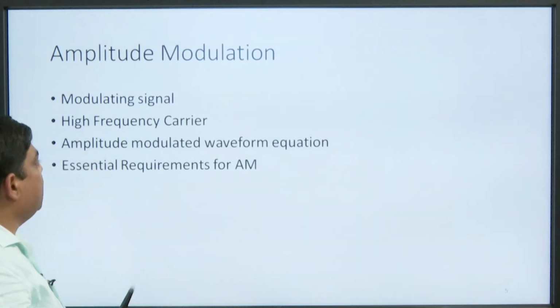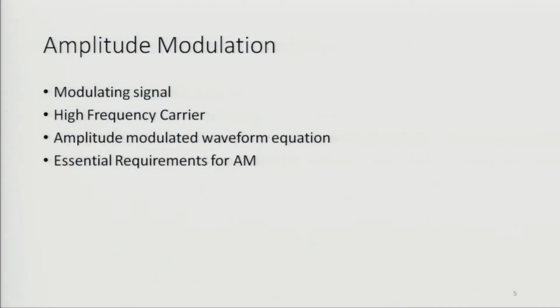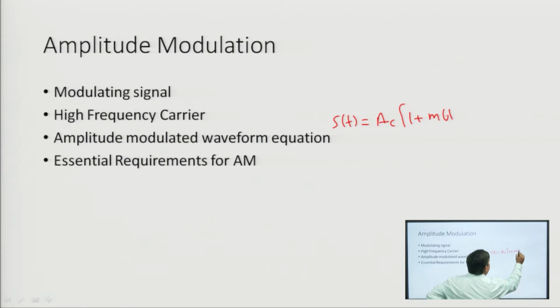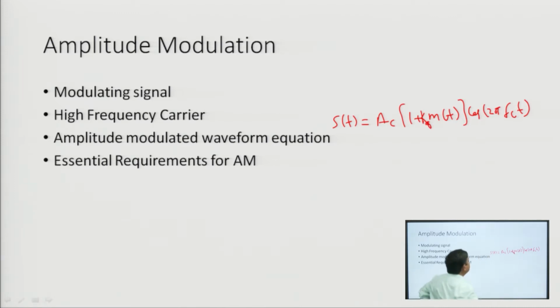It may have high frequency as well as power may be high, and the amplitude modulated waveform equation, that already in the last slides we have seen, that s(t) is equal to Ac [1 + ka m(t)] cos 2 pi fc t. And the corresponding waveform can be drawn.